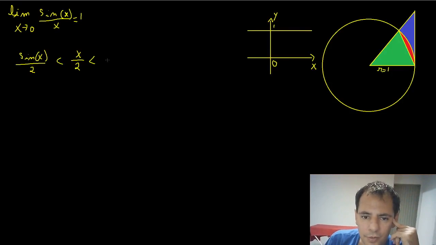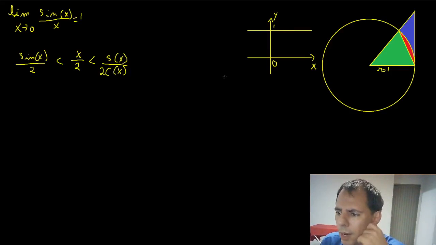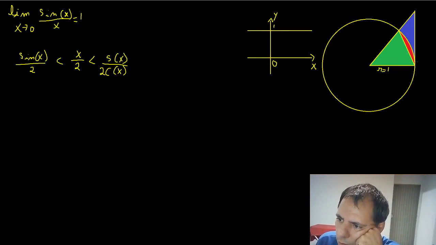Now what is the tangent of x? The tangent of x equals sine of x divided by the cosine of x, divided by 2. For people that don't understand why this height right here is the tangent, you have a right triangle here with this big R in here.